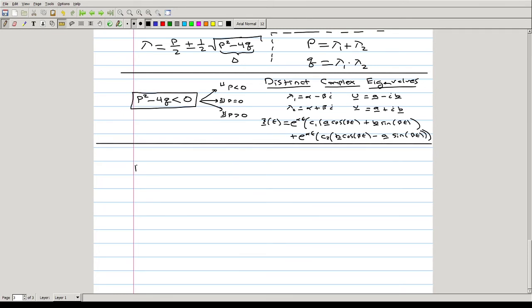We know that when p squared minus 4q is equal to 0, this corresponds to the case of having one eigenvalue, which actually results in two possible cases for us to go through and look at.